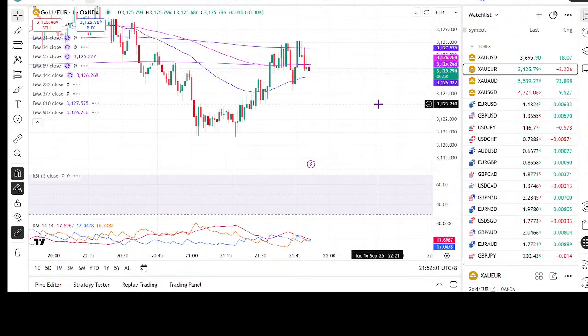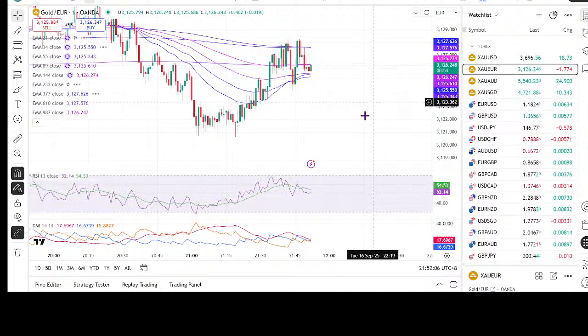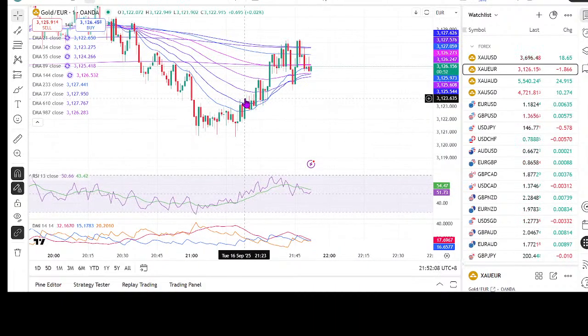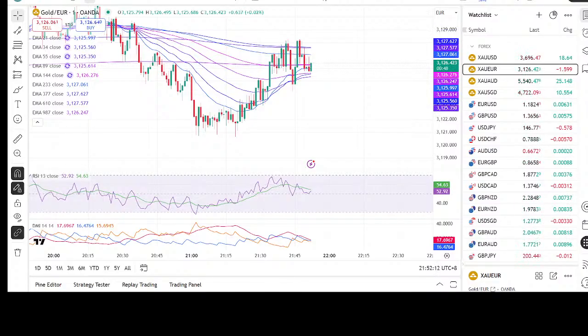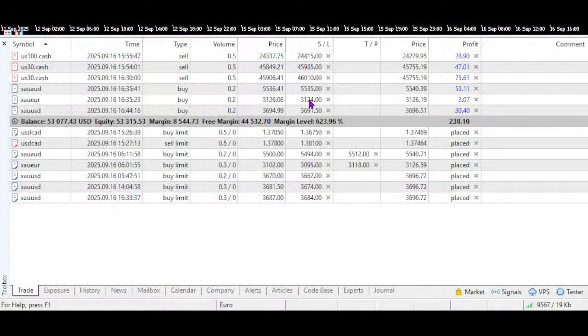The gold euro, I just want to reduce by $1, because I feel that it may just touch and go. So I just reduce the stop by $1.